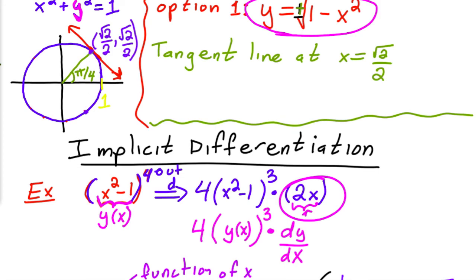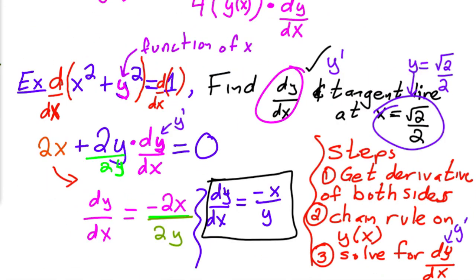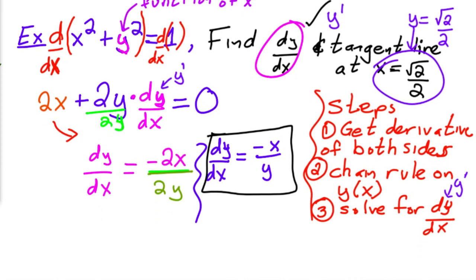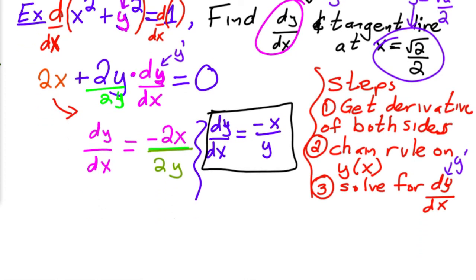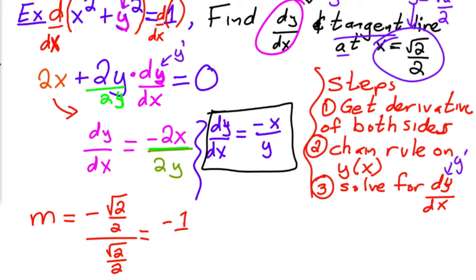So we're specifying that it's positive root 2 over 2. So the slope is equal to negative x, which is root 2 over 2, over y, which is root 2 over 2, and that's equal to negative 1.